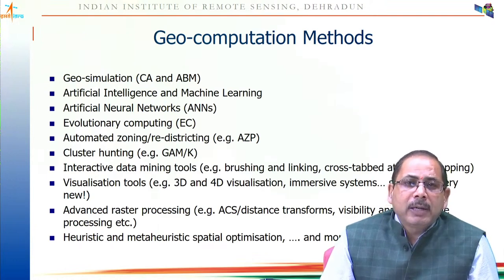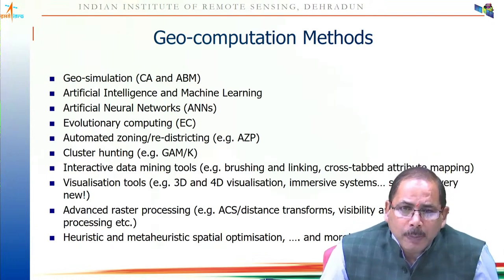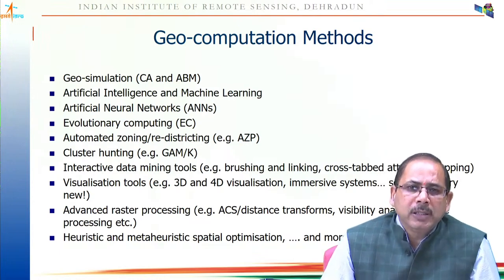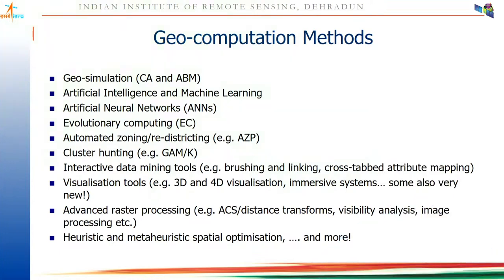There are different methods available in geocomputation. It is called geosimulation. Then cellular automata or agent-based models are available. We have artificial intelligence and machine learning techniques, artificial neural networks, evolutionary computing techniques, automated zoning and redistricting, cluster hunting, interactive data mining tools, and then advanced raster processing techniques, and so on.